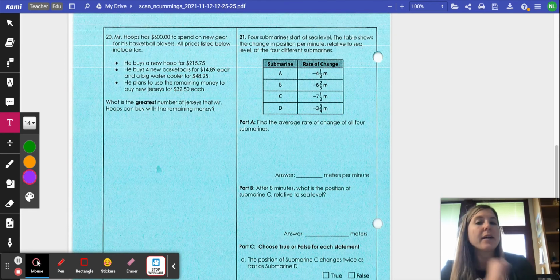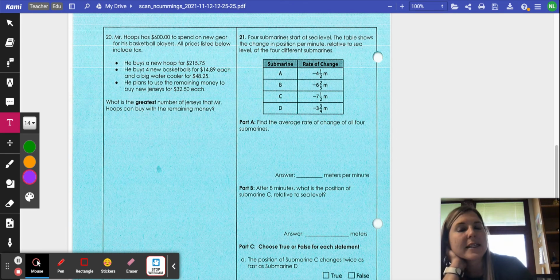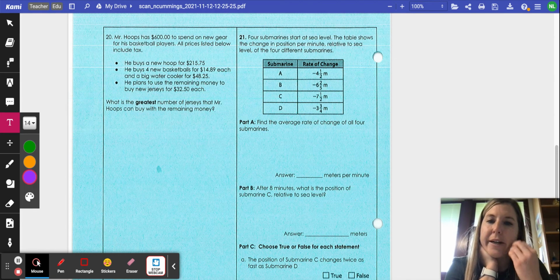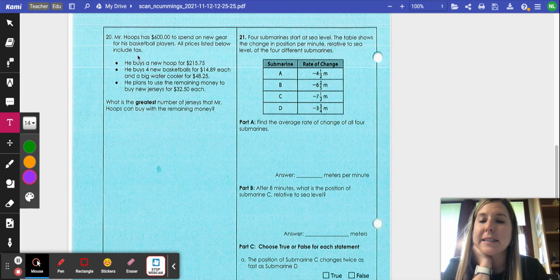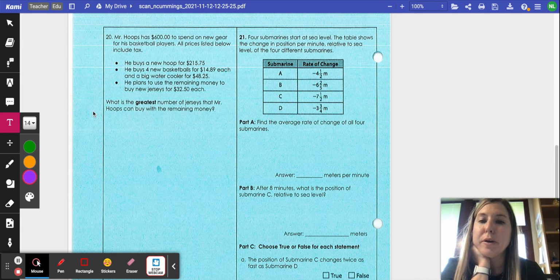Moving on to the back. Question number 20 says, Mr. Hoops has $600 to spend on new gear for his basketball players. All prices listed below include tax. He buys a new hoop for $215.75.